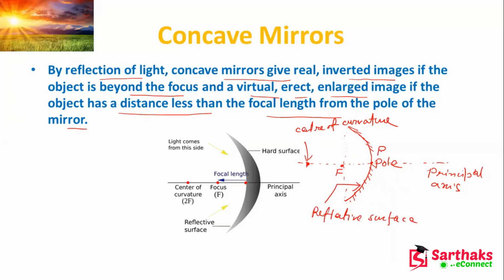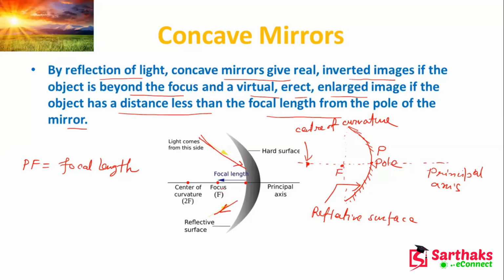If the pole is defined as P, then PF is the focal length. Light comes from this, it will be incident here, and again it will be reflected from the surface.